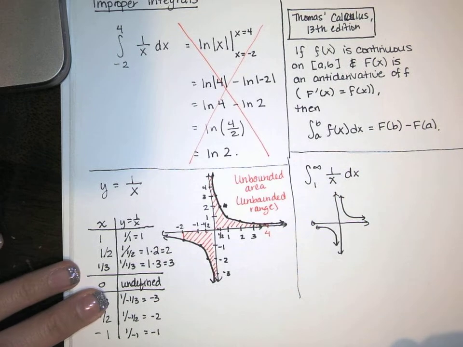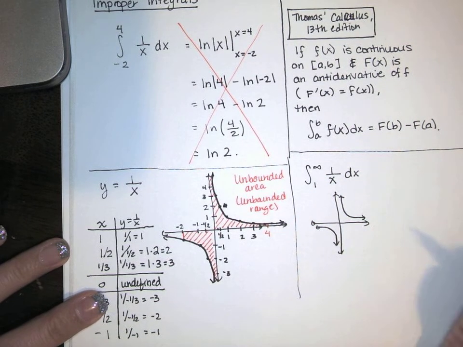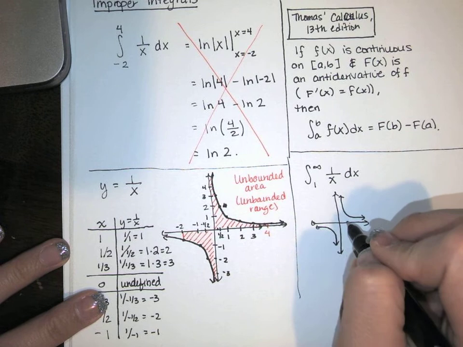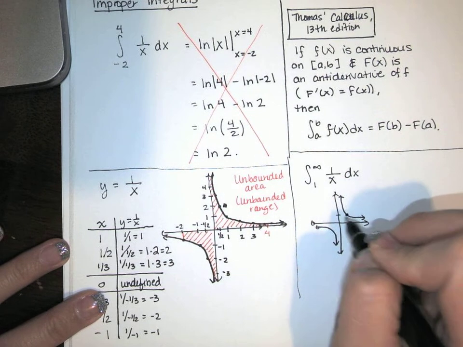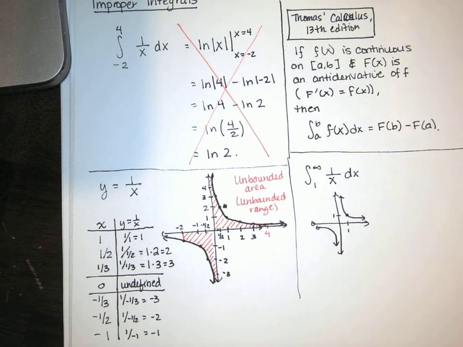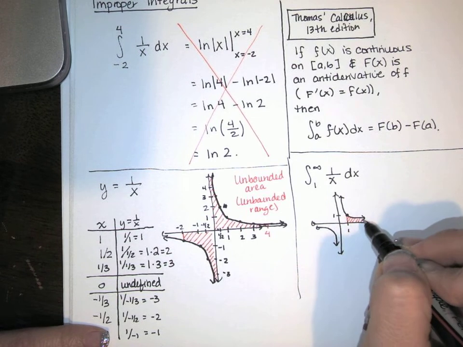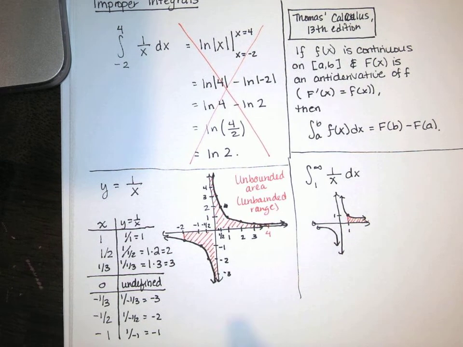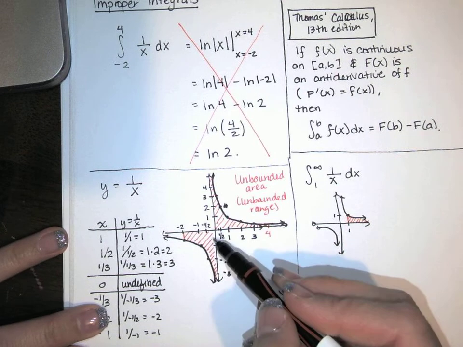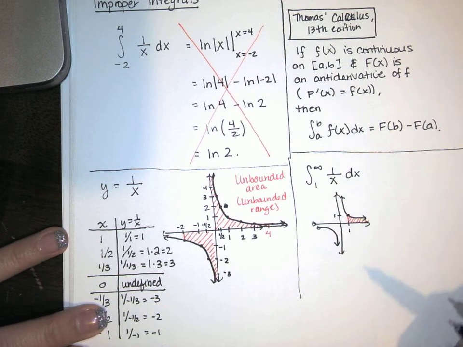I'm not going to be so detailed about the x and y values anymore. When x equals 1, y equals 1. And I'm looking at the area under the curve from 1 to infinity. So we've got an unbounded area here.